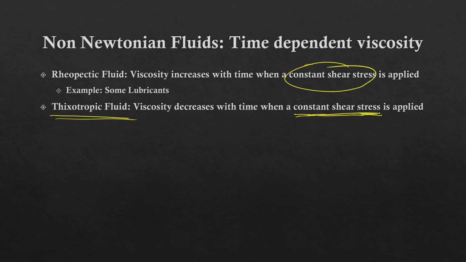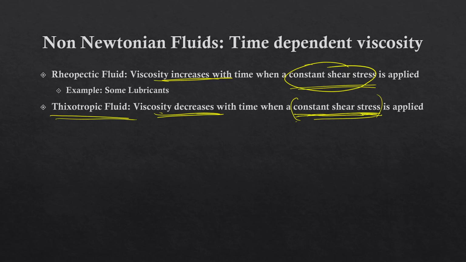But in this case, the same shear stress, if applied for a certain amount of time, with time the viscosity will either increase or decrease. Although these kinds of fluids are not very common, they do have very important engineering applications.